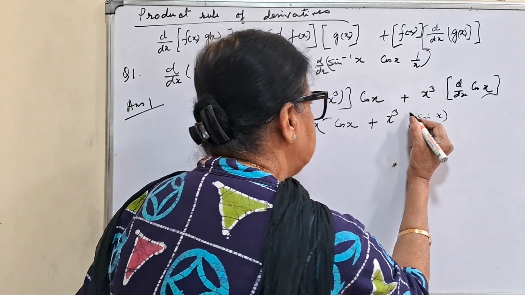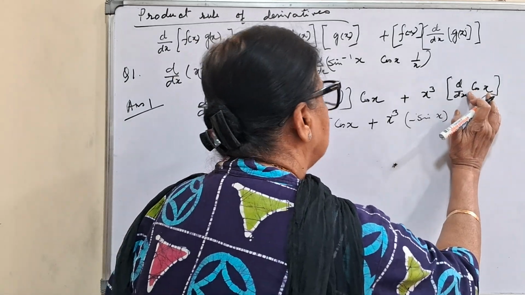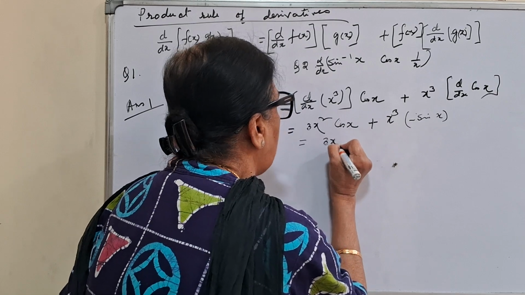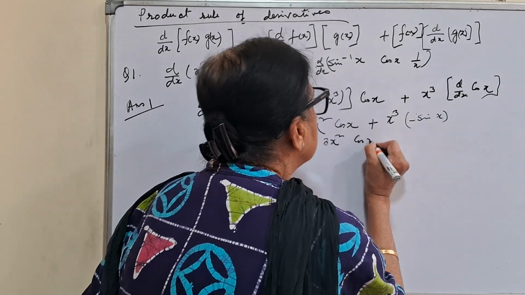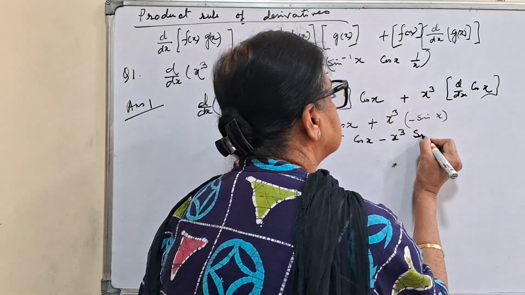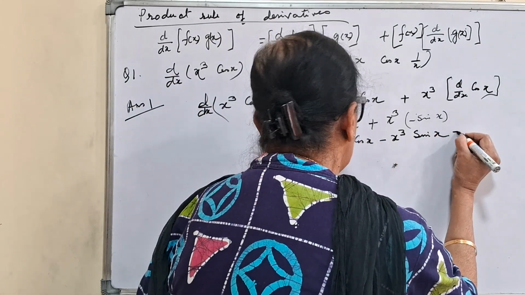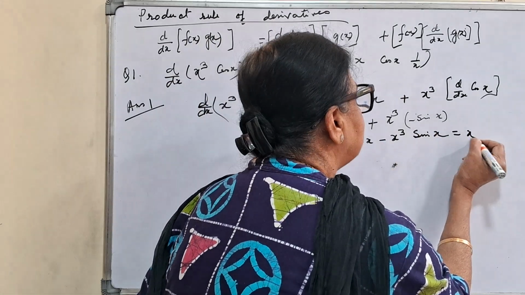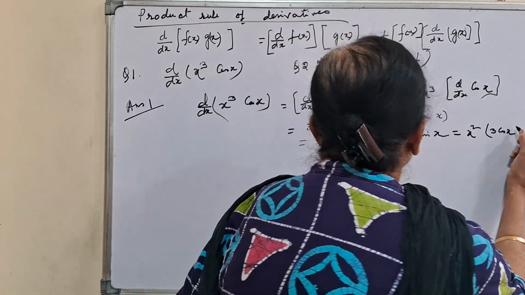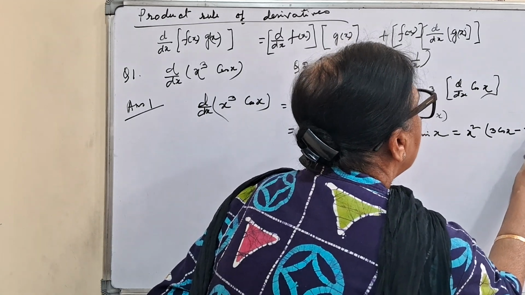This minus sign comes because the function starts with co. So it will be 3x square cos x minus x cube sin x. Then if you want to simplify, take x square common: x square times (3 cos x minus x sin x).